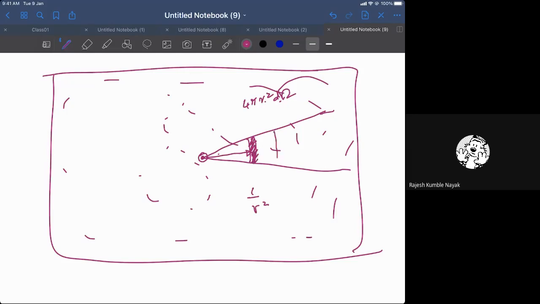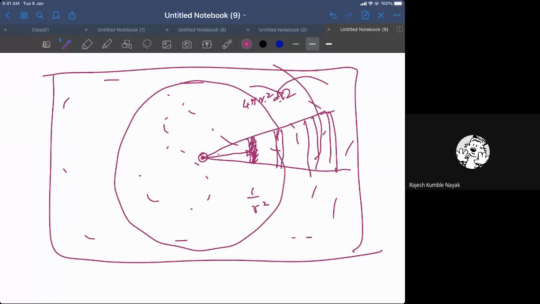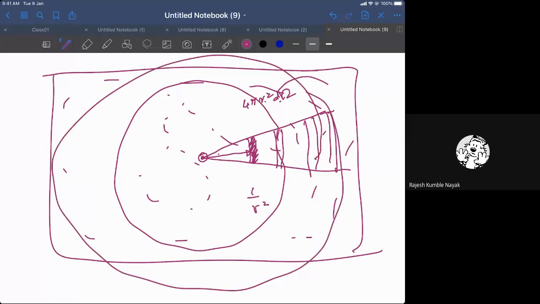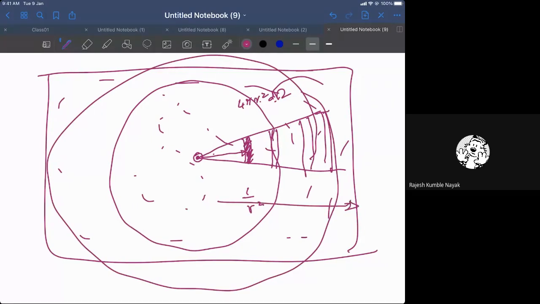So what happens is that when you integrate over larger and larger surfaces, as you go to larger and larger r, you would find that this integral would blow up. That means that the intensity, when accumulated over the entire surface as r goes to a large number, would blow up. That means every point in the sky should be bright if there are uniform light sources present in the sky.